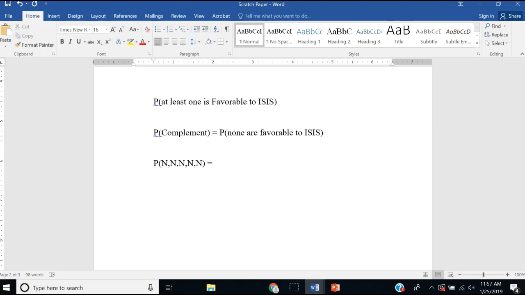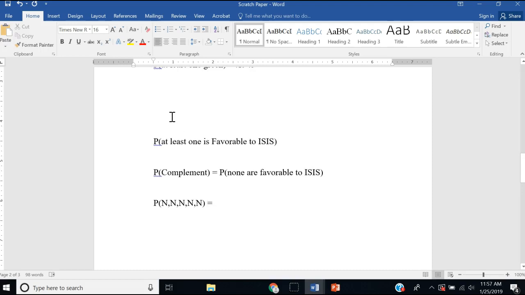What do we say? Well, 6%, if you recall, have a favorable view of ISIS. And how many then would not have a favorable view of ISIS? So each individual has a 6% chance of being favorable.